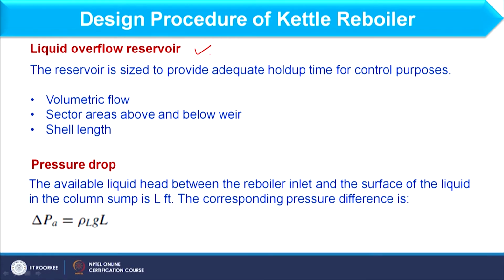The reservoir is sized to provide adequate hold up time for control purposes. For it, we have to find the volumetric flow, the sector area above and below the weir, and also the shell length, because tube length is different and shell length is different.